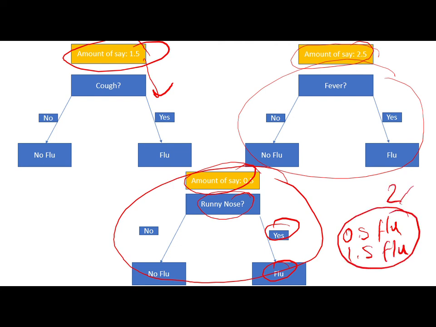But if we look at fever and we go no, the amount of say in that is 2.5 no flu. And then we just pick the final weighting, which tells us what the prediction is. So 2.5 is telling us no flu. 2 is saying that there is a flu. 2.5 is bigger than 2. So our final prediction is that this person has no flu.